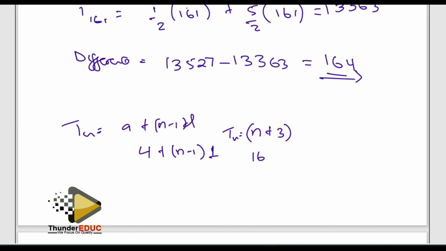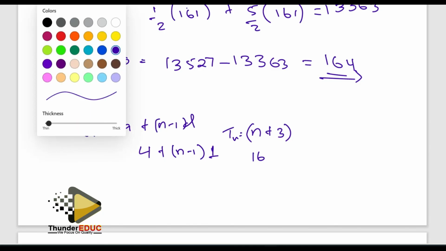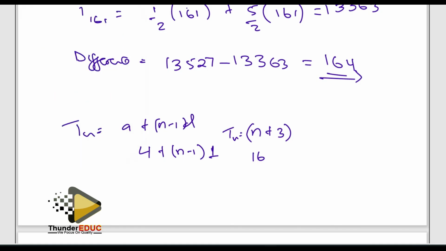Because we're looking for the Tn in a position of 161. Apologies guys, my pen is acting up. So the position is 161 plus a 3, and that gives us 164 as our answer.